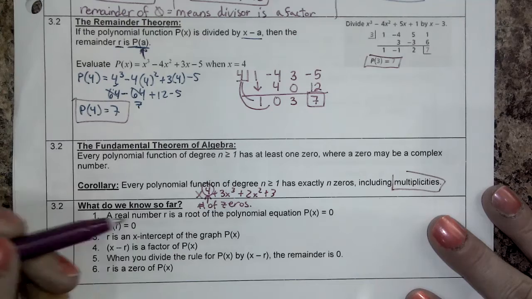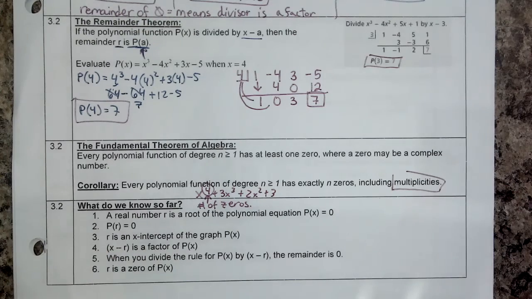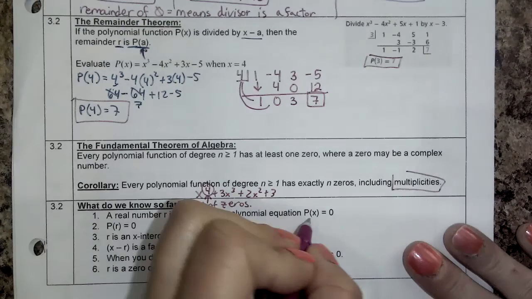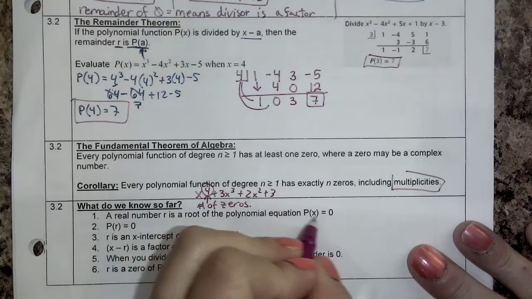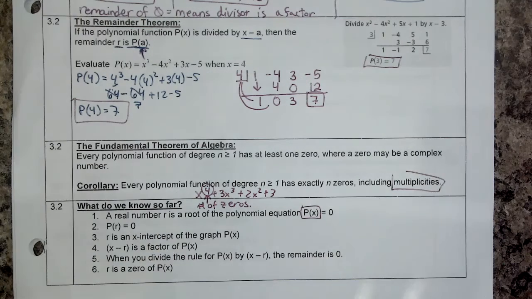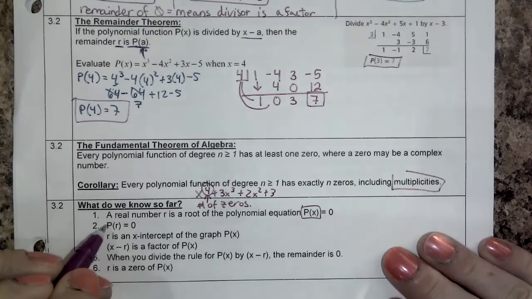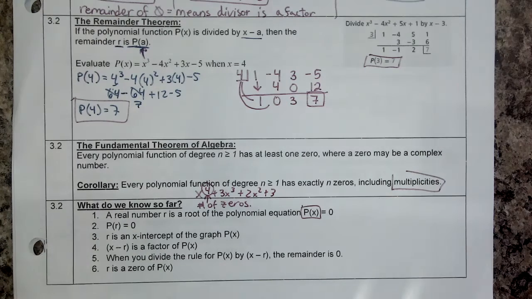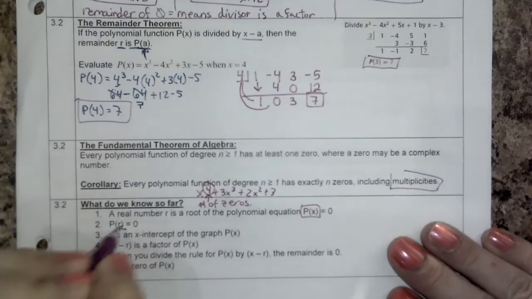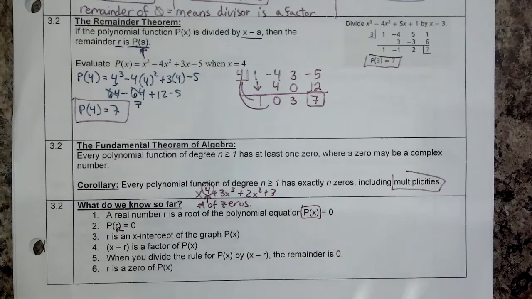Okay. So what do we know so far? We know that a real number r is a root of the polynomial equation when I set it equal to 0, or when my y value equals 0. We know that p of r, my remainder, equals 0. So if I plug r in, I'm going to get 0.